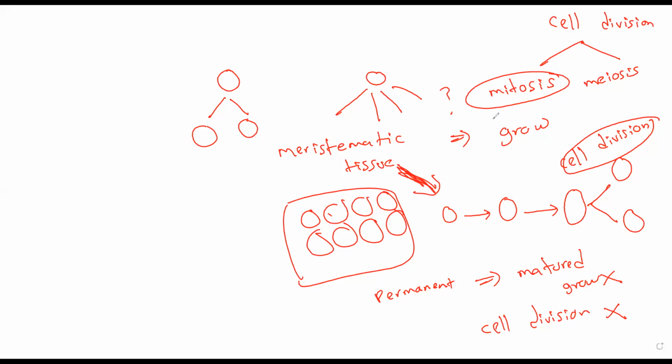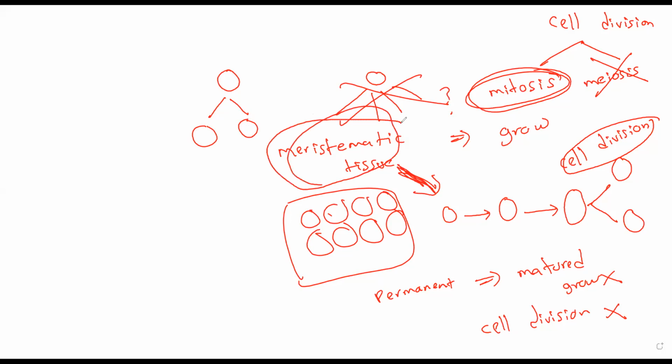So in plant tissue, children, we don't have meiosis. We have only mitosis, okay? That means the daughter cells will be identical to the mother cell. So how will the meristematic tissue divide, children? It will divide according to mitosis, not meiosis.